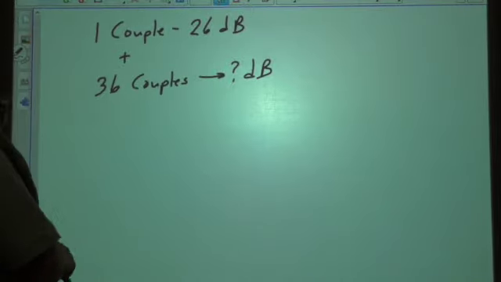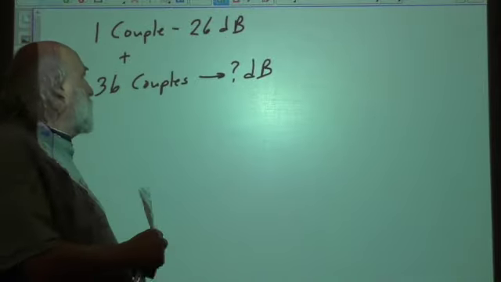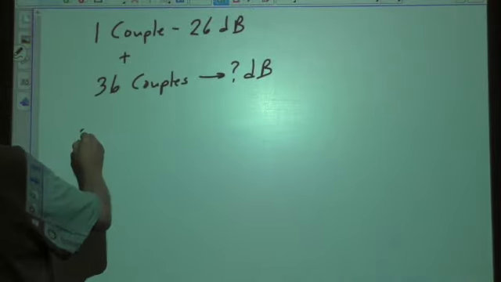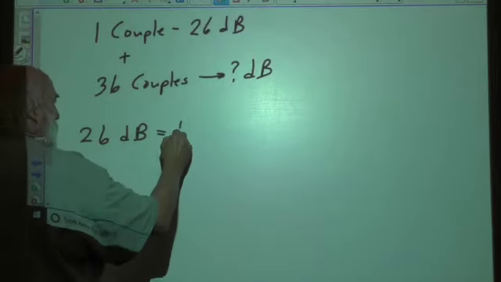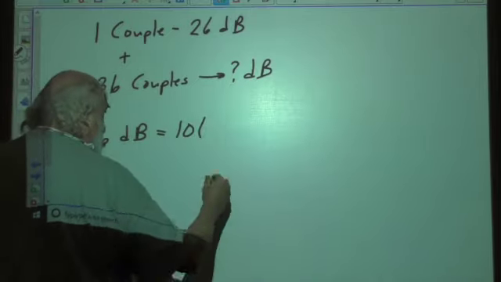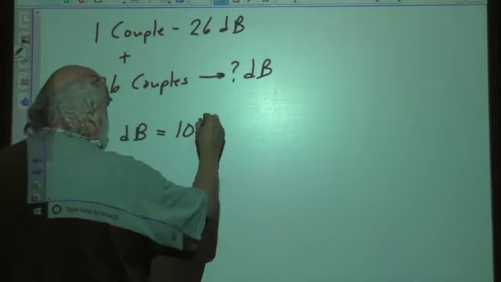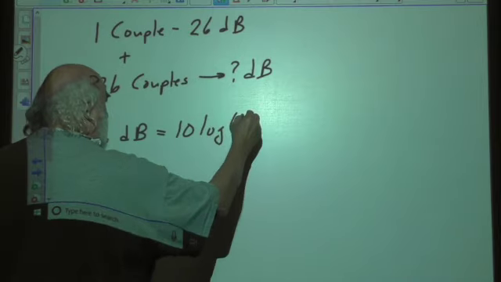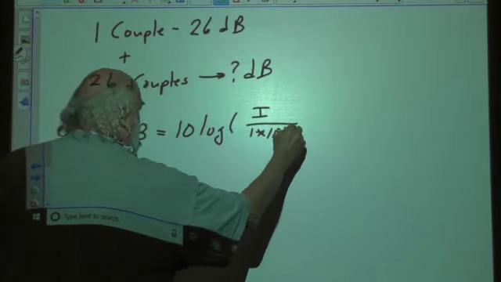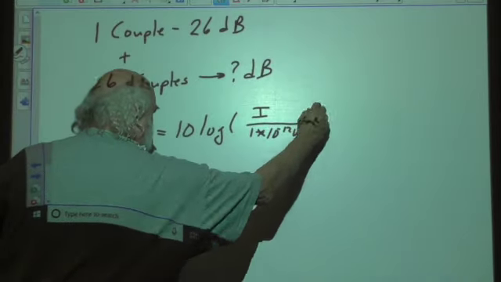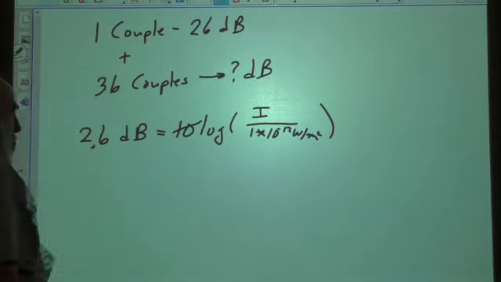So what we're going to do here is figure out the sound intensity for 26 decibels. And this is going to equal 10 times the log of I over 1 times 10 to the negative 12 watts per square meter. Divide by 10, that becomes 2.6.